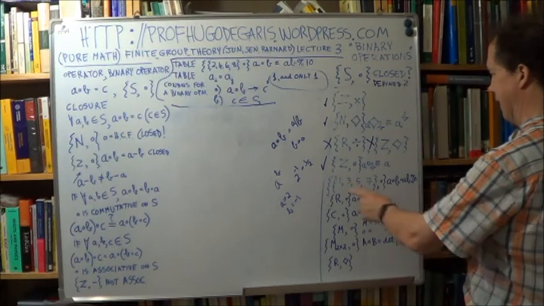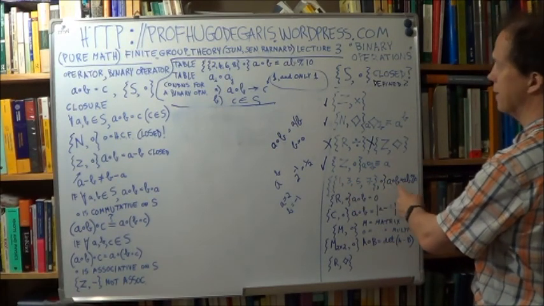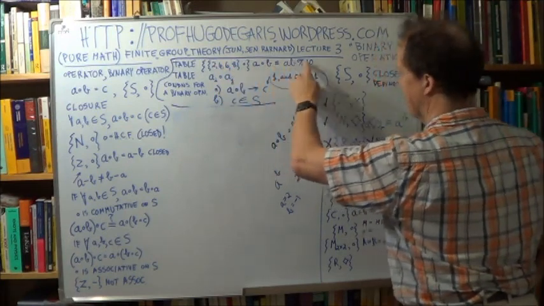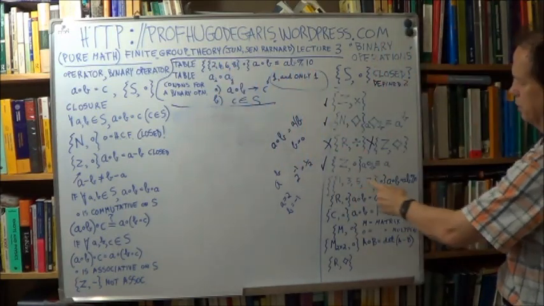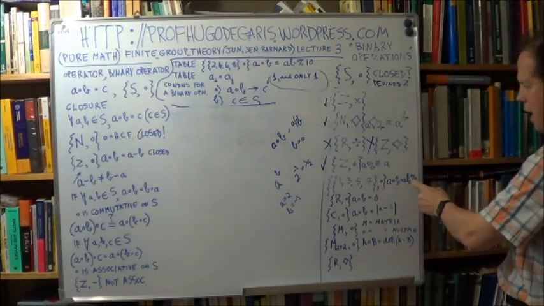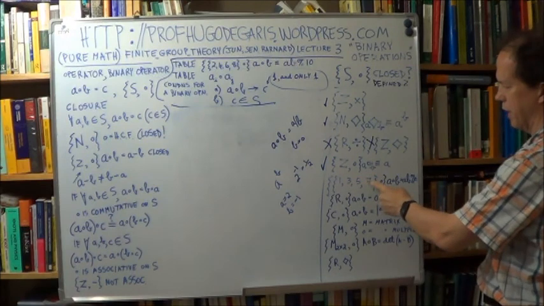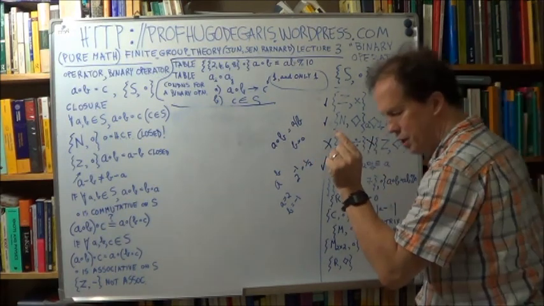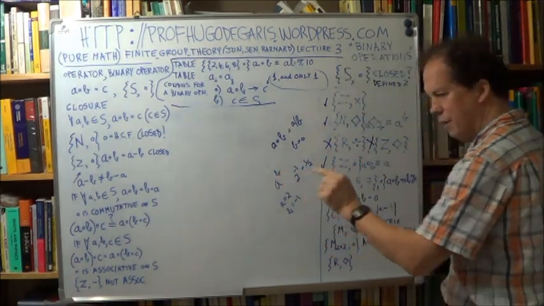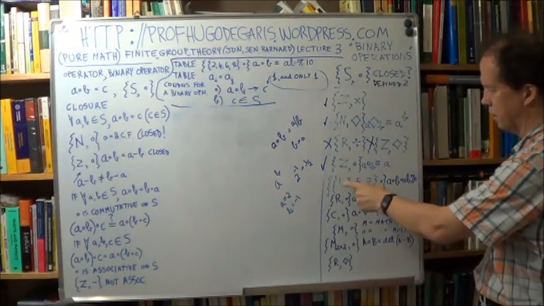Now, how about this one? This is similar to this one, in fact. We could create a table here. So let's do it quickly. When we look at the table, each result, each member, does it belong to your set?